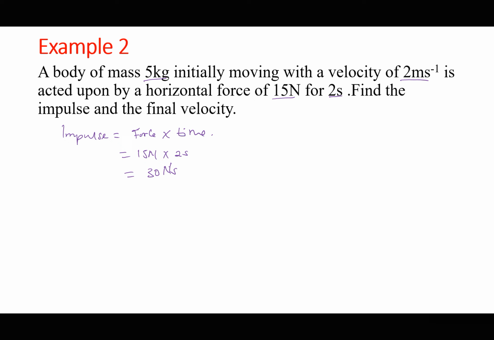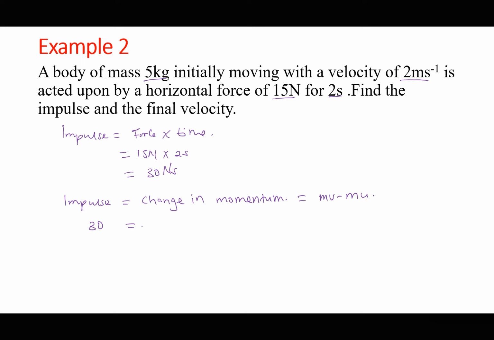But remember, impulse is also equal to the change in momentum. So we shall say that 30 Newton seconds is equal to the change in momentum, which is the final momentum minus the initial momentum, the same as mv minus mu.